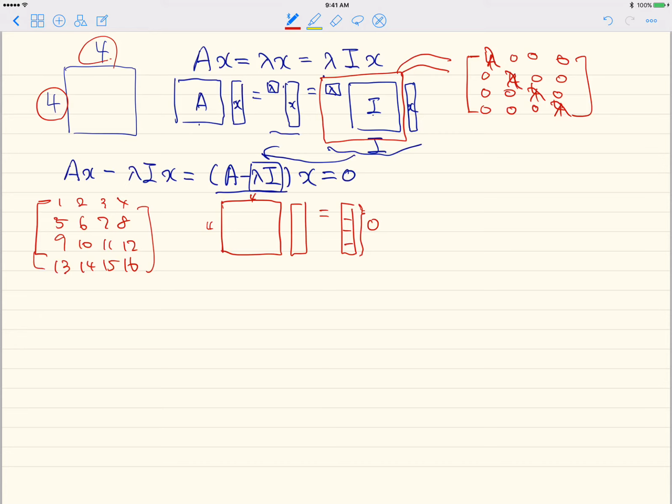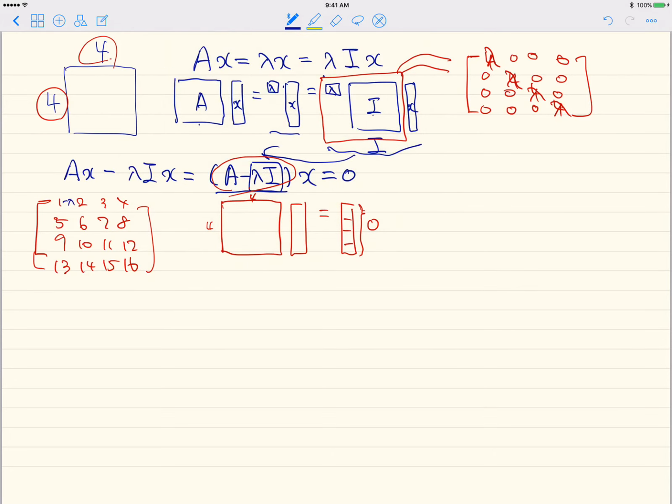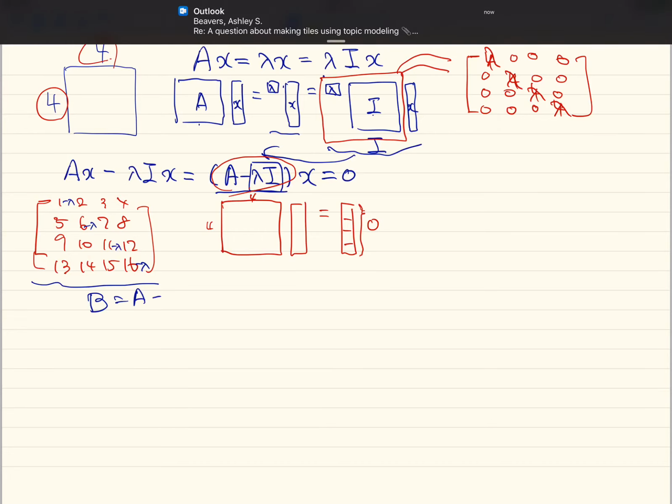And what should A minus lambda I be? This matrix has this form: 1 minus lambda, 6 minus lambda, 11 minus lambda, and 16 minus lambda. So this is basically subtracting lambda from the diagonal entries of the original matrix A. That is the meaning of A minus lambda I. Anyway, we obtain this matrix, and let's call it matrix B, which is A minus lambda I.